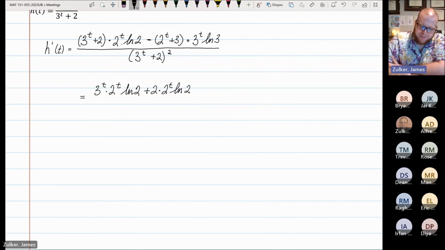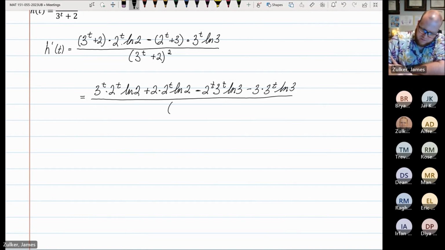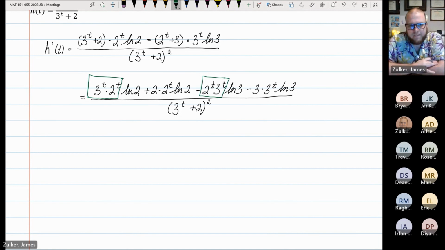Then distribute the negative 3 to the t log 3 through. Those are going to be different.